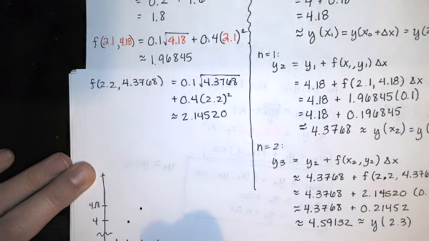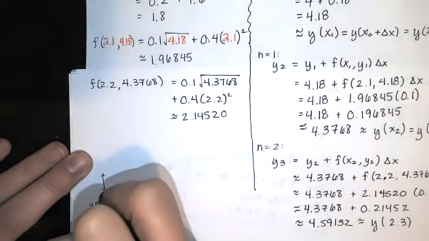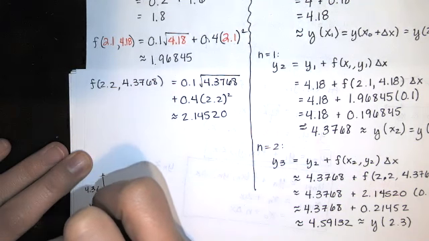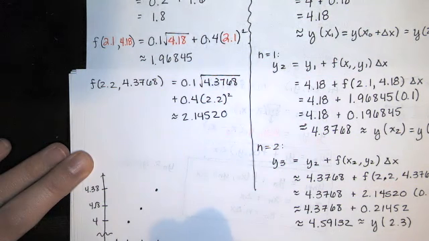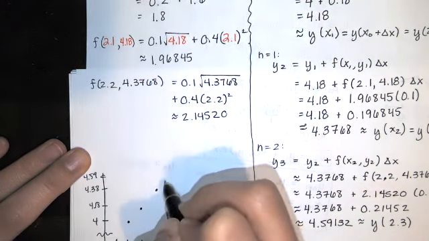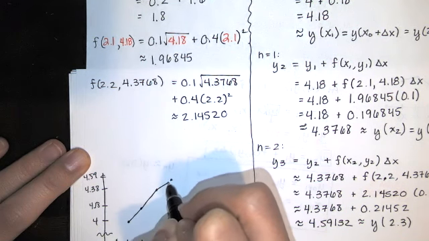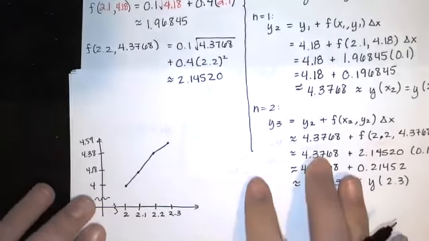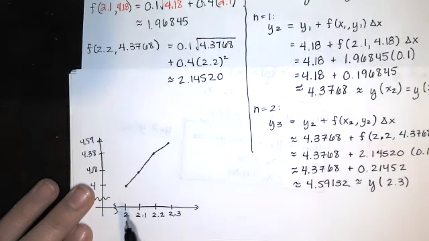And then at 2.2, we said that the y value was approximately 4.3768, so 4.38 approximately. And at 2.3, we said that the y value was approximately 4.59. And then if we connect these with line segments, that is an approximation of our solution curve at this location, this location, this location, and this location.